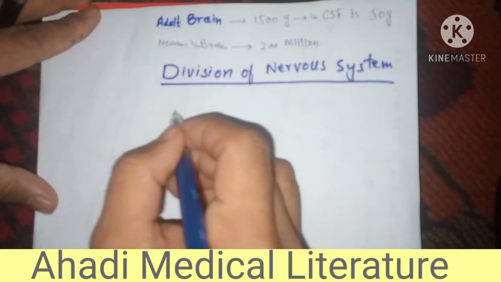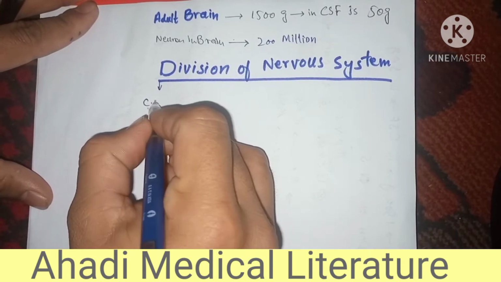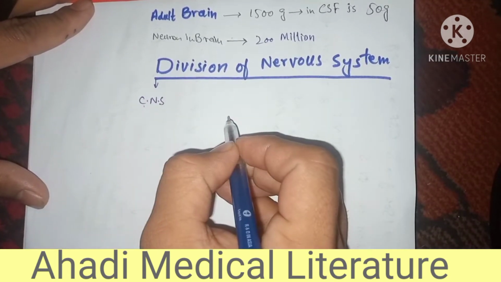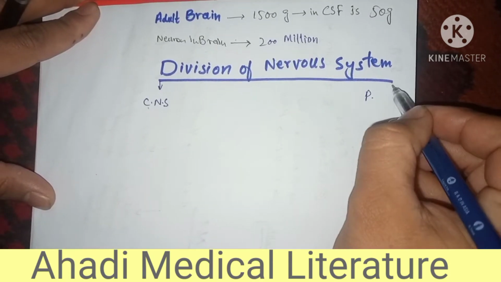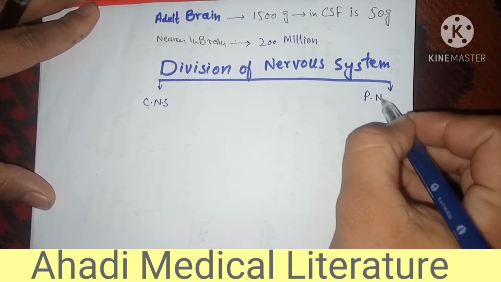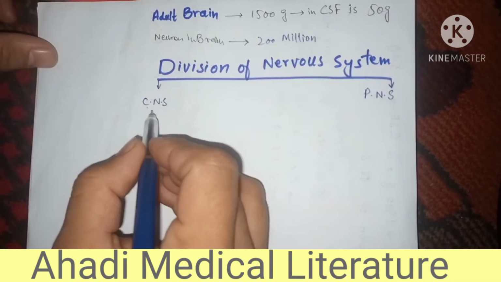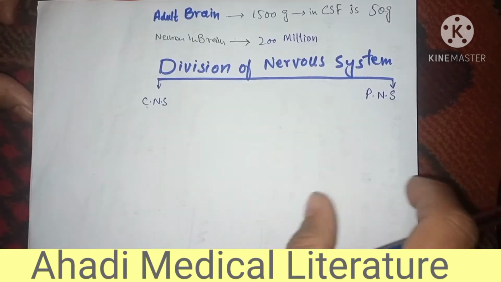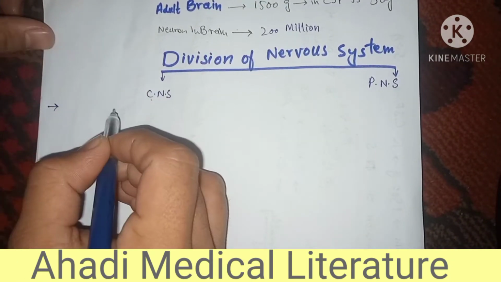The first part is CNS, central nervous system. The second part is PNS, peripheral nervous system.